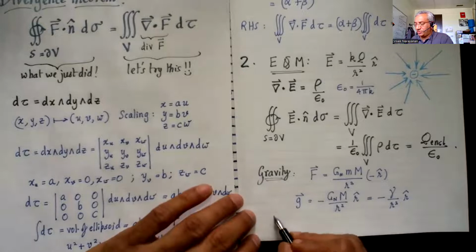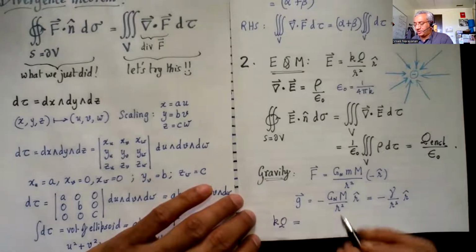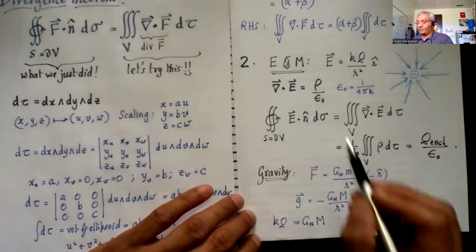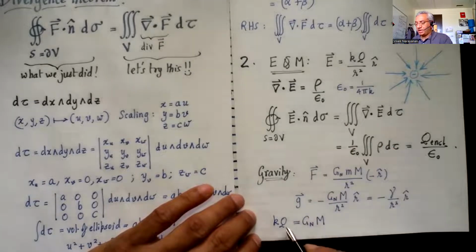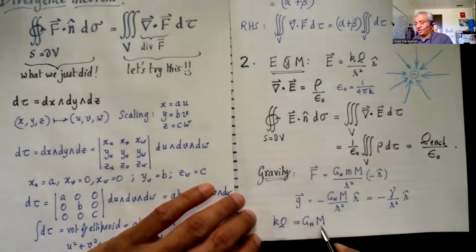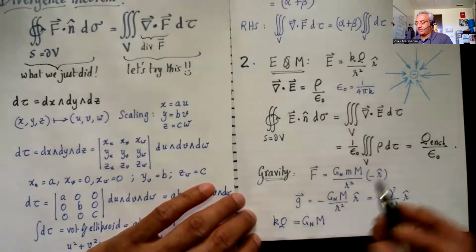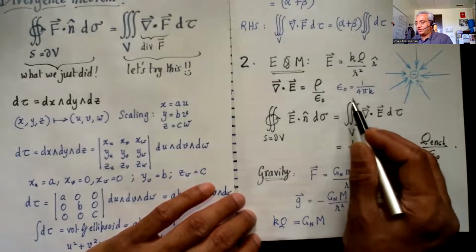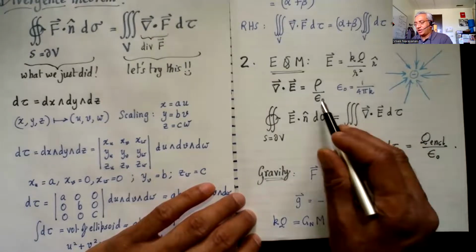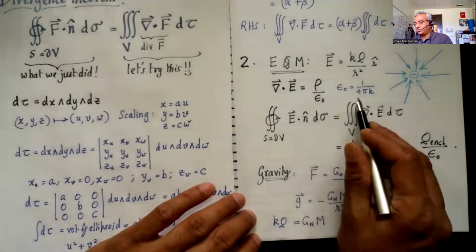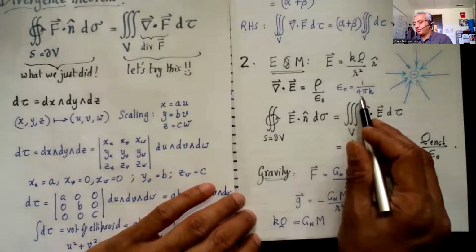So k times q is exactly like G sub n times m. So I have replaced the charge q by rho. That's easy to understand. So I can replace in the divergence theorem for gravity m by the mass density rho. Now I've replaced also k by 1 over 4 pi epsilon naught, and the 4 pi disappears.